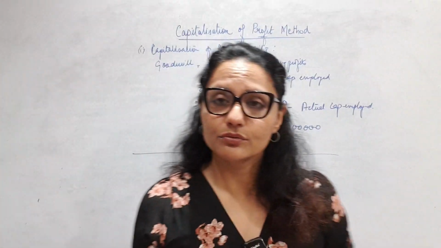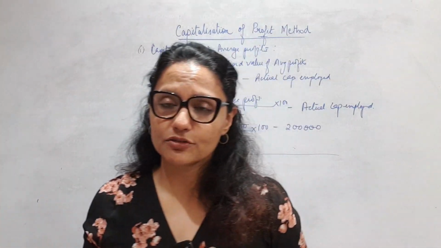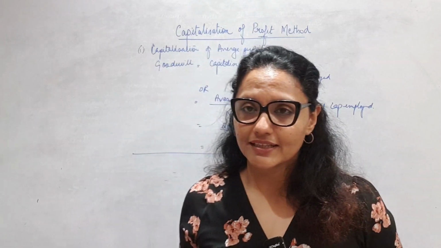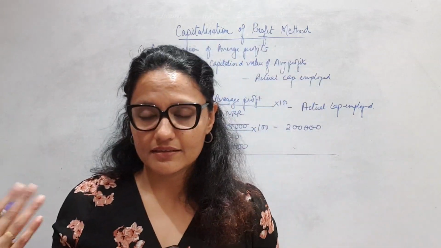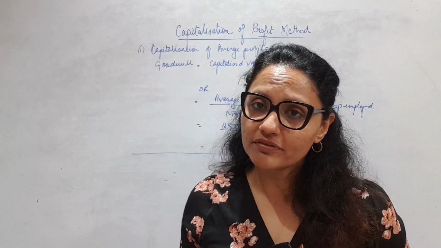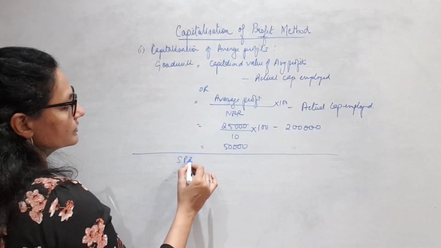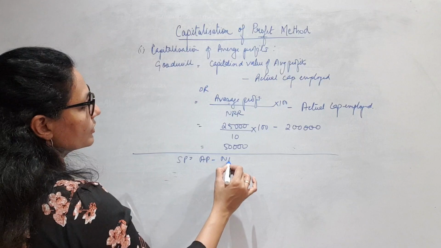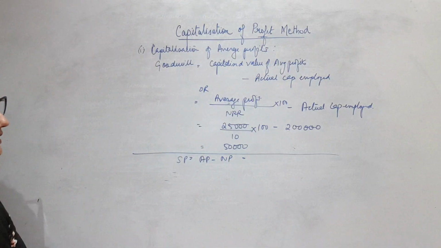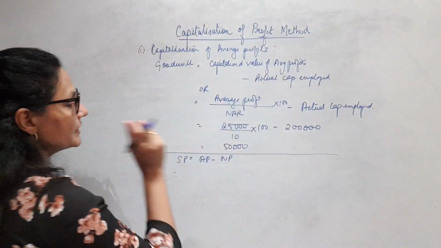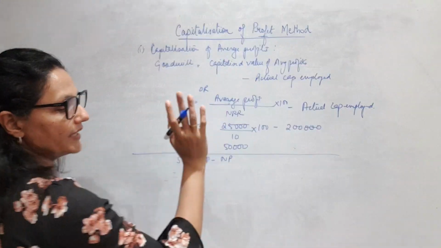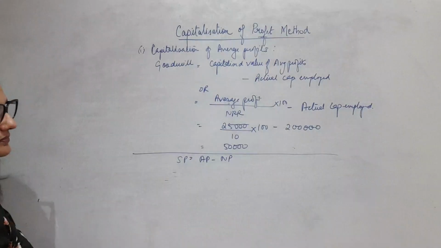Now if I have to do the capitalization of super profit, before doing this I will have to arrive at the super profit. Super profit is equal to average profit minus normal profit. So in this case, how much is average profit? That is given to me. 25,000 is the average profit.